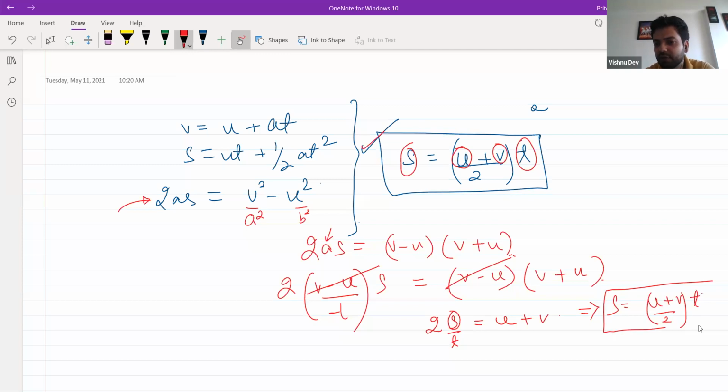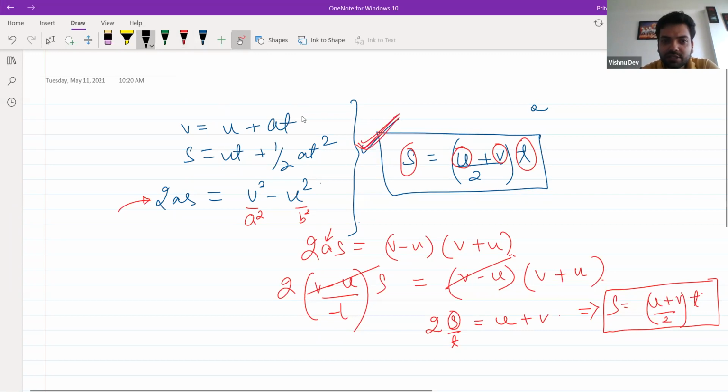Is it understood how we derived this? It's not important to remember this derivation, I just showed you. But if I give you an equation and ask whether it is correct or not, you should be able to get it from the other equations.